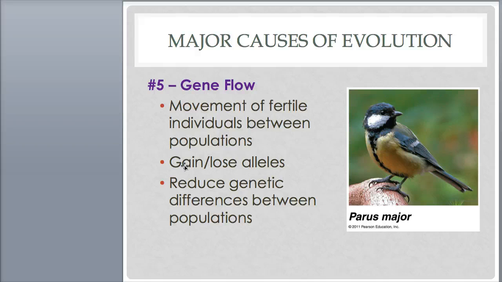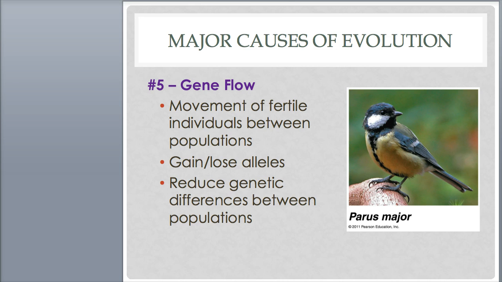And then the 5th major cause, so we've gone through 4: mutations, non-random mating, natural selection, and genetic drift. The 5th one is called gene flow, and it sounds almost like genetic drift. Gene flow is the movement of fertile individuals between populations. So they could gain and lose alleles, and they could reduce the genetic differences between certain populations. So we're talking about a population, same species, moving between themselves in this large population, and then the genetic differences sort of become reduced.